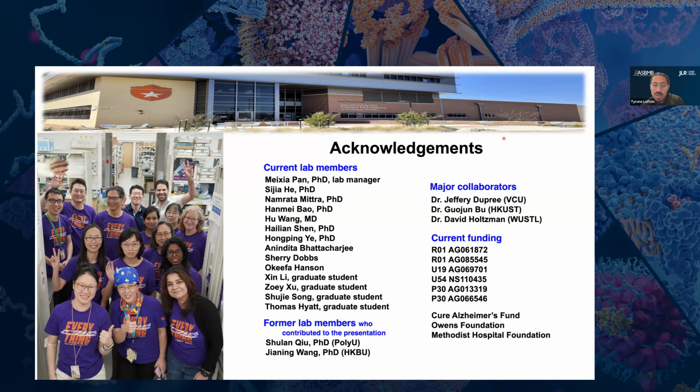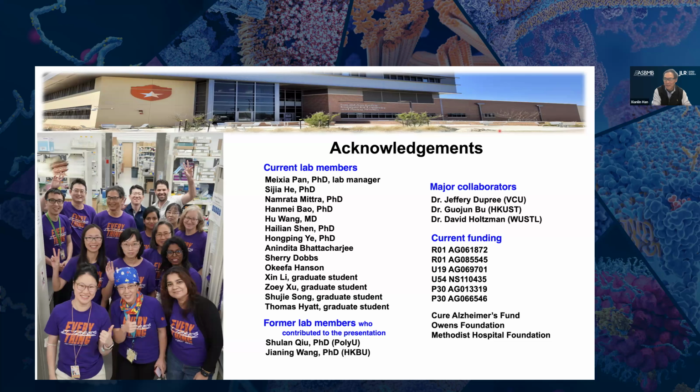Then another question: someone says, Dr. Han, this might be a stretch, I wonder whether downstream glucosylsphingosine has any involvement in AD. Glucose sphingolipids, actually, it's a very interesting question. I would say it's more involved in Parkinson's disease than AD.